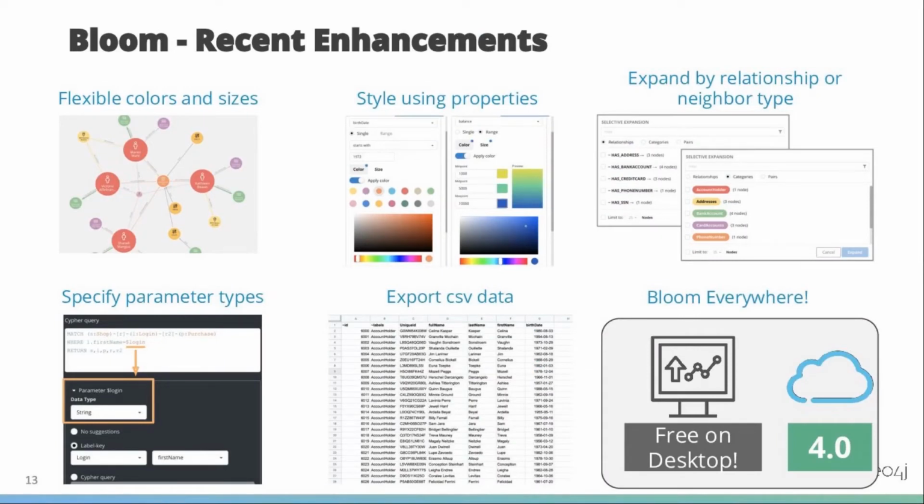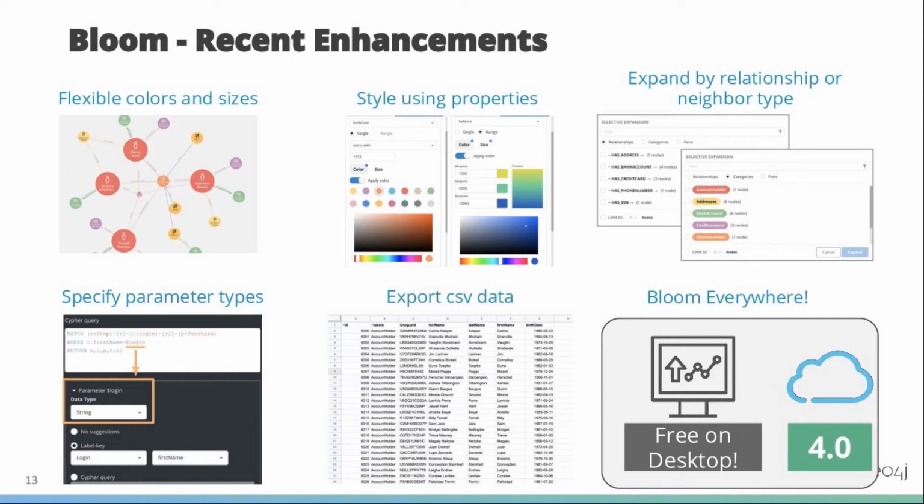And for those of you who looked at Bloom some time ago, here are some of the recent enhancements that we've made in this product, some of which you saw in the demo today. You can flexibly color, code, and size your nodes and your relationships. You can style them using property values.